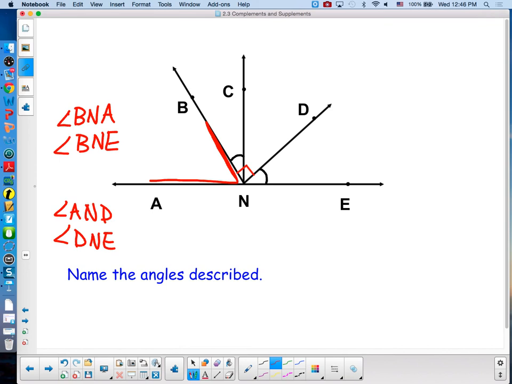What's ANC? Not necessarily. Let's put some numbers in here and let's see. Maybe it would work out okay. If I put 40 right there, then this one is the same, so this one's 40. 55. That one would have to be, no, not 55. 50 to add up to 90.